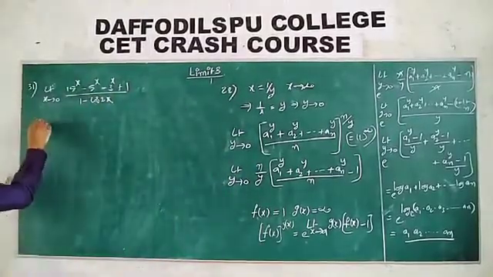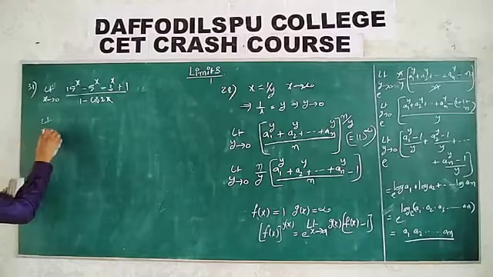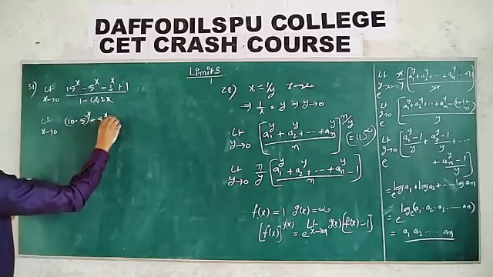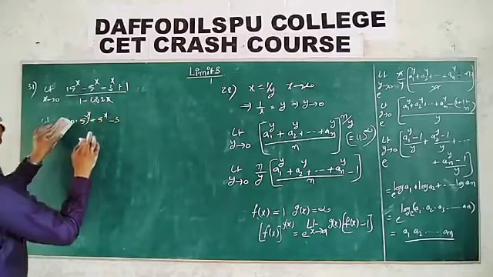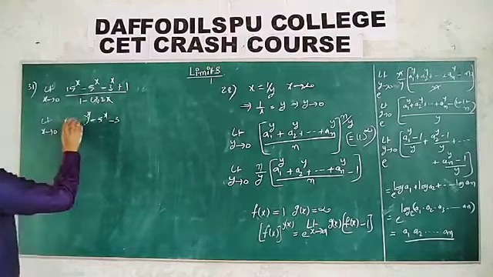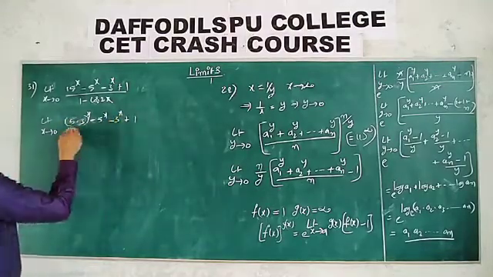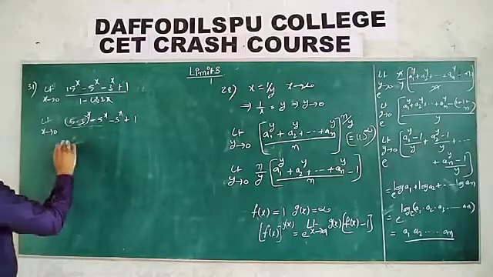Right. Limit x tends to 0: 15 can be written as 5 into 3, so 5^x into 3^x minus 5^x minus 3^x plus 1. Okay, in this 5^x is common.